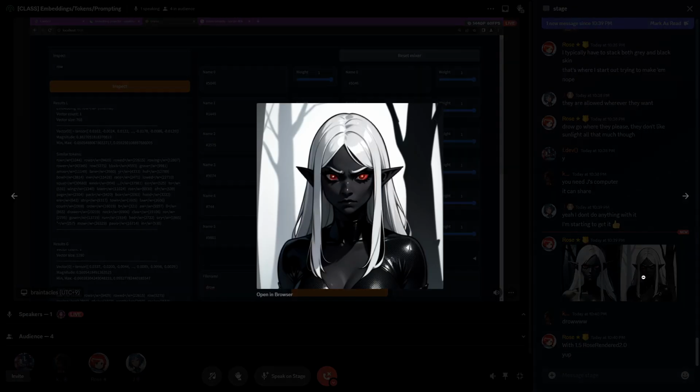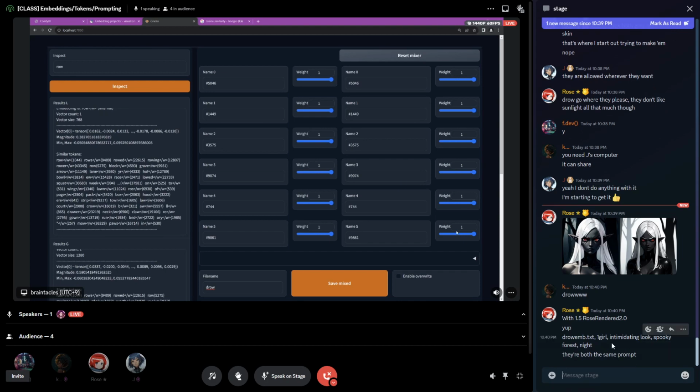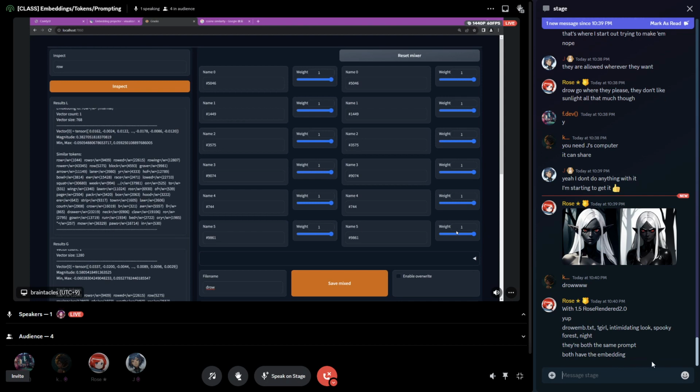What are we looking at? They're both the same prompt, but one has the embedding and the other one doesn't, or they both have it. I'd like to see a comparison without and with. It'd be nice to see with and without.